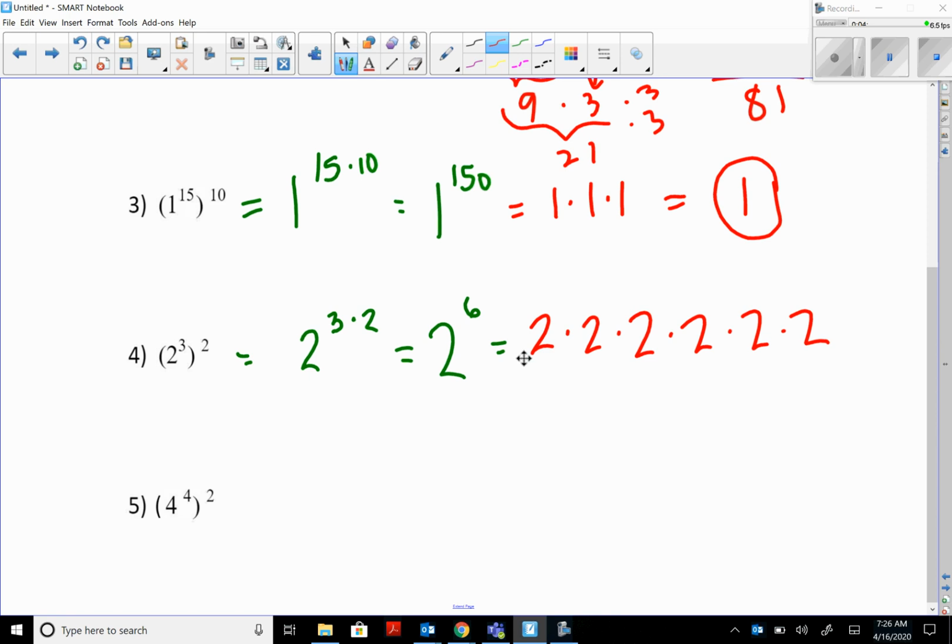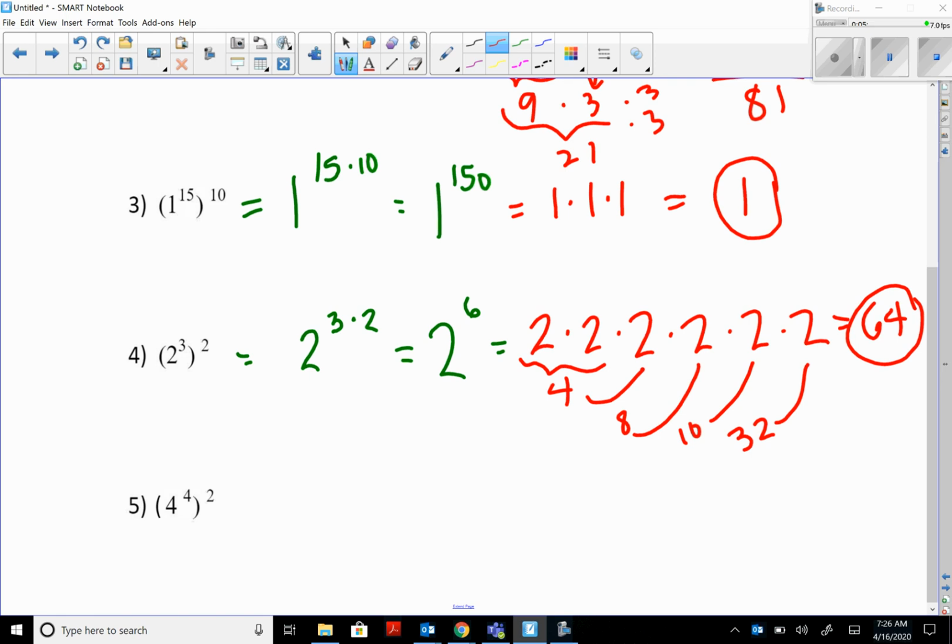So let's just go a couple numbers at a time here. 2 times 2 is 4. 4 times 2 is 8. 8 times 2 is 16. 16 times 2 is 32. And 32 times 2 is 64.